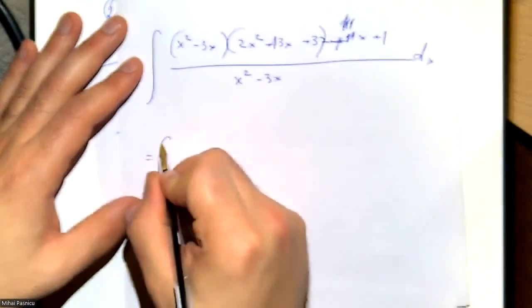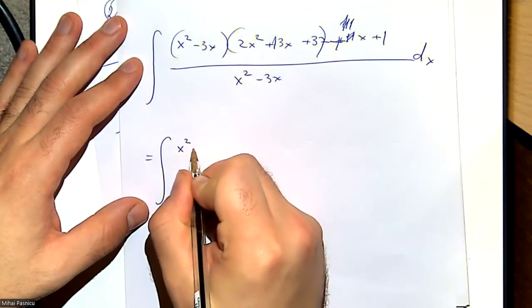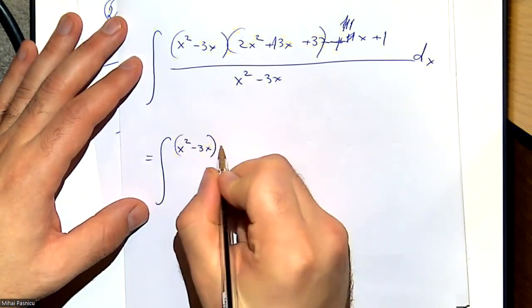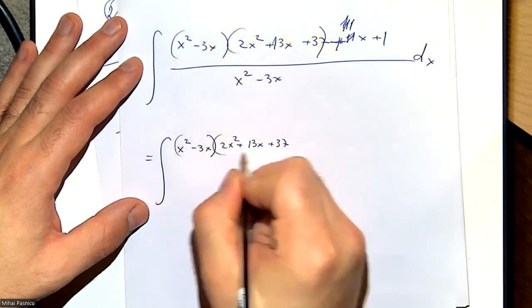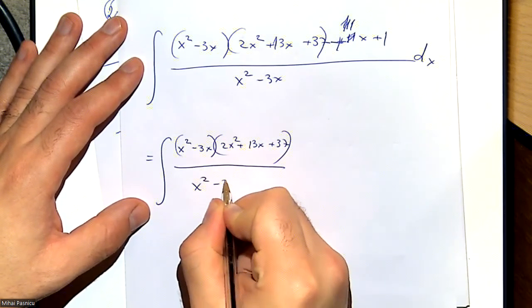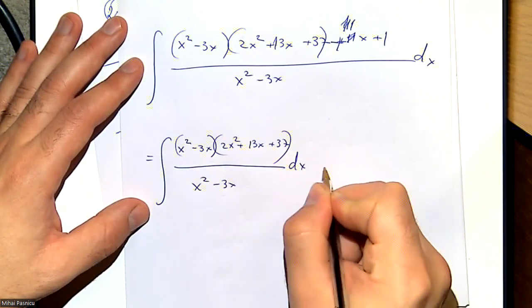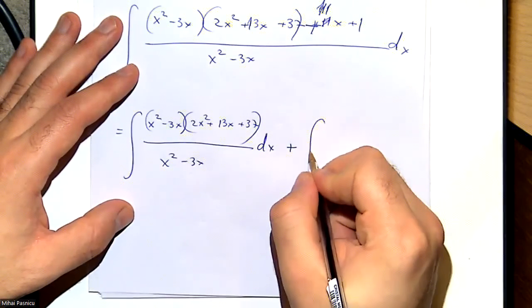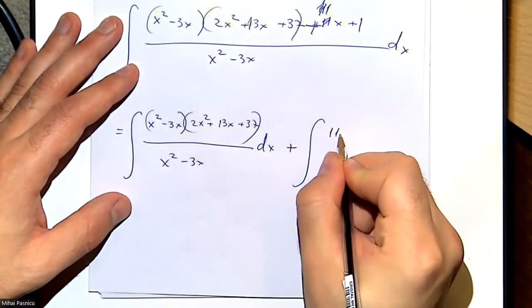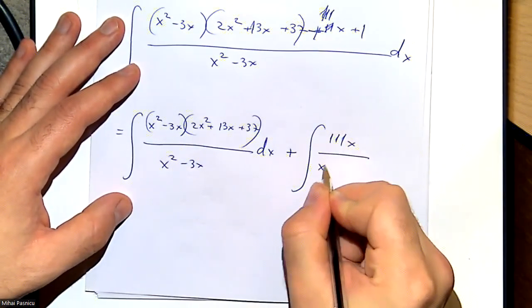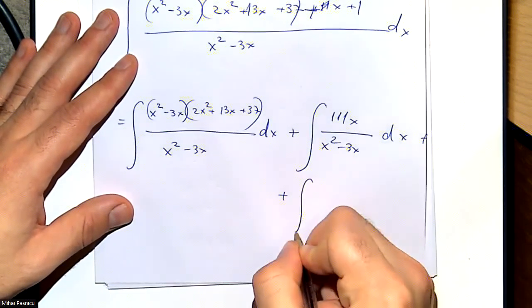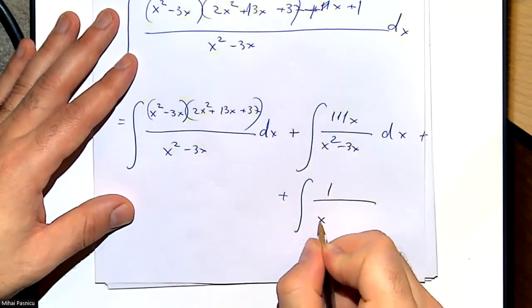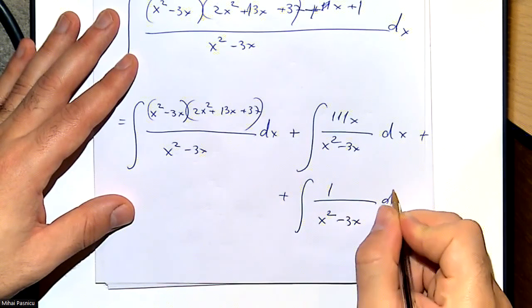So I get integral of x squared minus 3x, 2x squared plus 13x plus 37, x squared minus 3x dx plus integral 111x over x squared minus 3x dx plus integral 1 over x squared minus 3x dx.